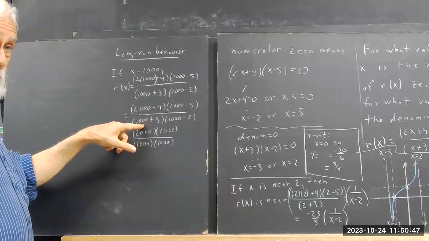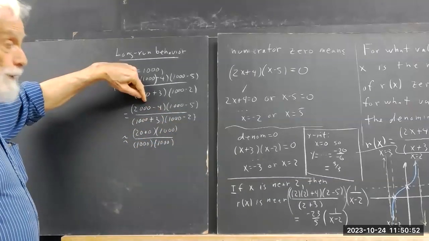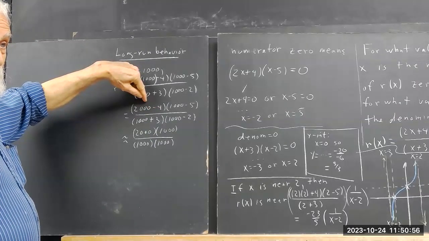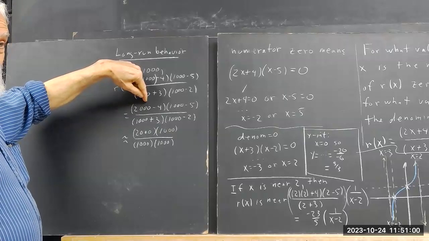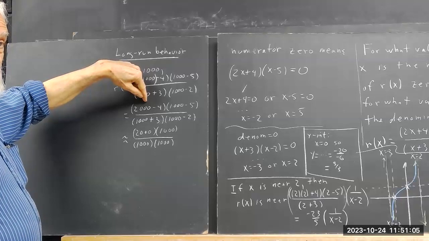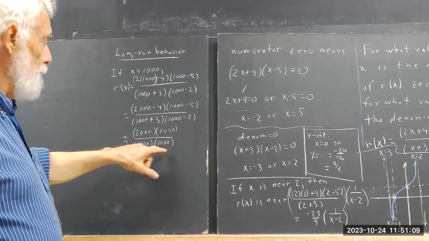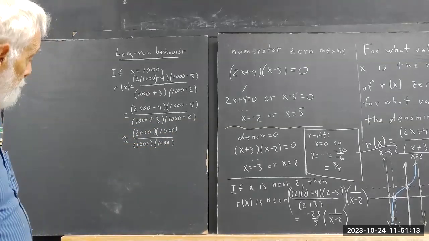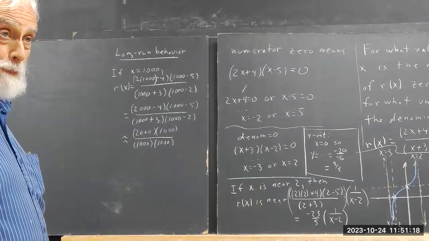This number's close to 1,000. This number's close to 1,000. And what's this number close to? What's 2,000 minus 4 close to? How many thousand? It's close to 2,000, right? So we can say that this is close to 2,000 times 1,000 over 1,000 times 1,000, right? Now, you need a calculator to figure out 2,000 times 1,000 divided by 1,000 times 1,000.